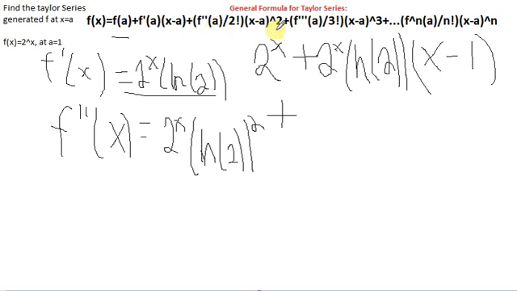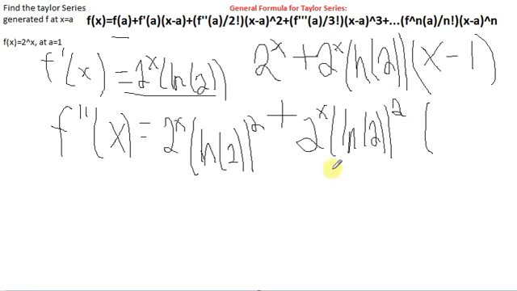So writing that out, we get 2 to the x ln of 2 squared, and once again, excuse my bad writing, over 2 factorial, which is simply 2, times x minus your a, which is 1, squared. Okay, so now we have the first term, the second term, and the third term.